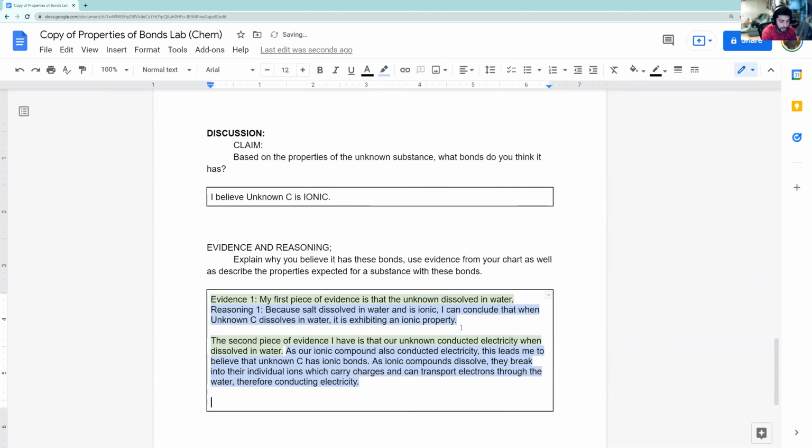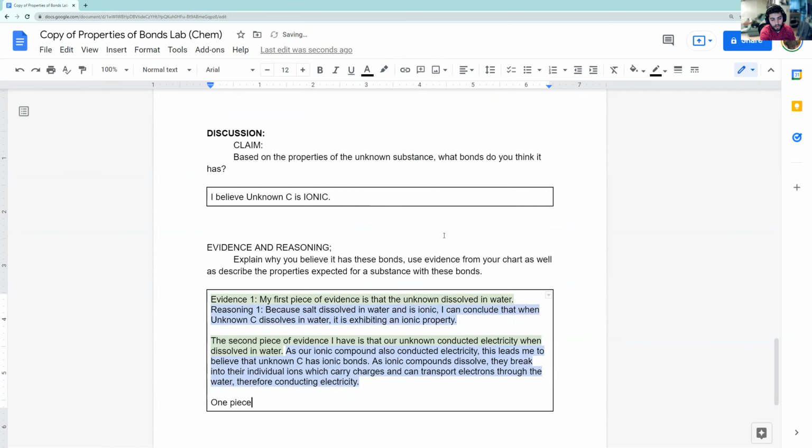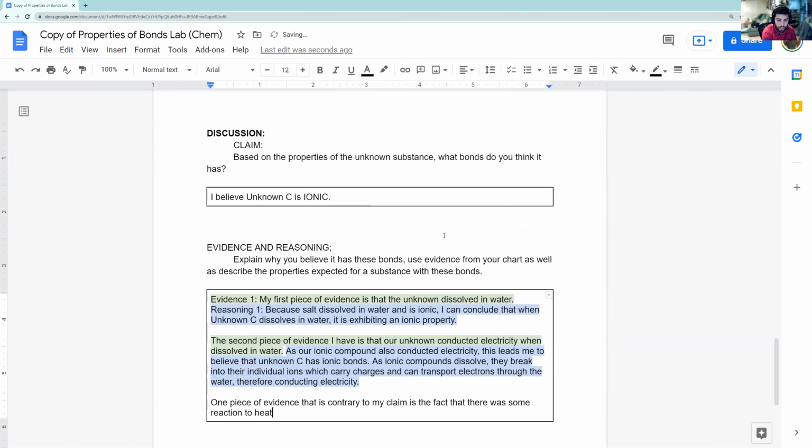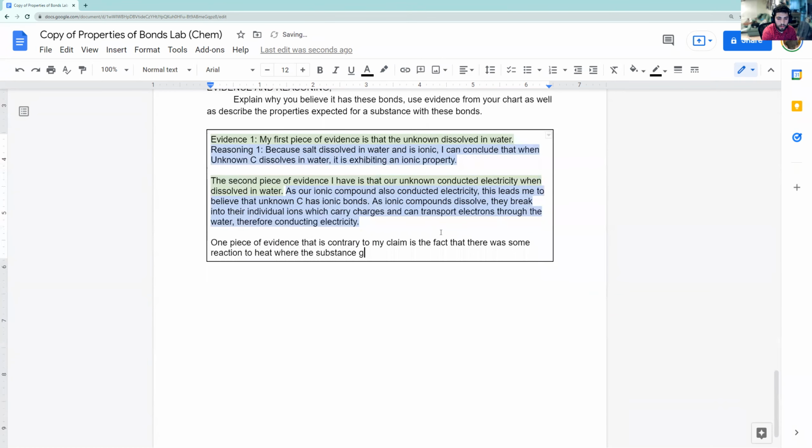So something to finally add is you might want to add some sources of error or some points of contention or confusion. One piece of evidence that is contrary to my claim is the fact that there was some reaction to heat where the substance got a little darker.